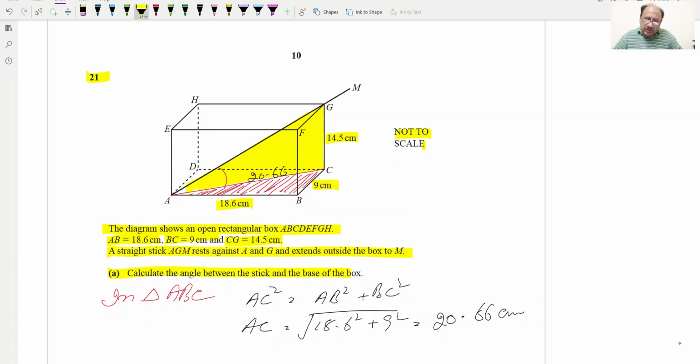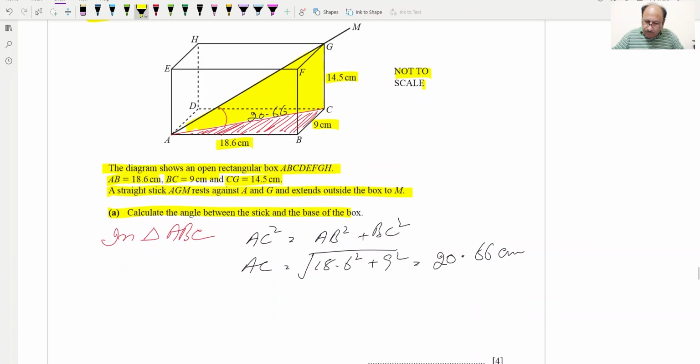This is basically triangle ACG. Now in triangle ACG, CG is opposite, so CG over AC will be equal to tan theta.